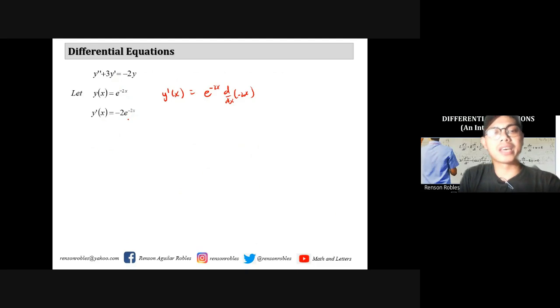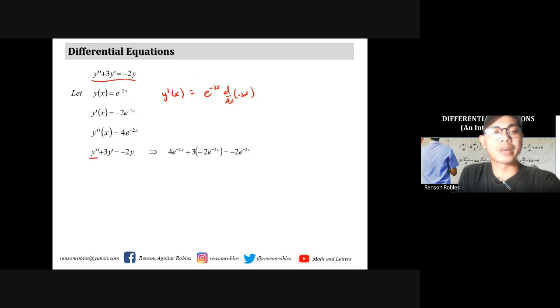Then applying the same principle, differentiating the first derivative will give us the second derivative, which is equal to positive 4 e raised to negative 2x. Now that we have y double prime and y prime, we can create this differential equation with respect to x. So y double prime plus 3y prime equals negative 2y can be written in this form.